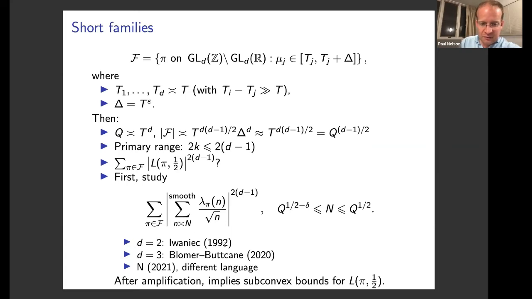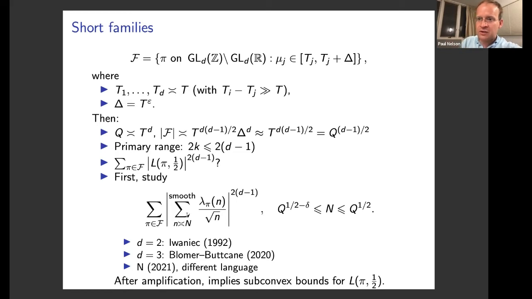This is something that's been done. Venkatesh did this in a paper some time ago, 30 years ago or so, when D is 2. This was, I think, the spectral growth of automorphic L-functions, I think that was the name of the paper. Blomer and Buttcane had a preprint in 2015, published just a couple of years ago, that does this for D equal 3 under some assumptions. Finally, last year, I have a preprint that does this for general D, not quite in the exact language I've indicated here.